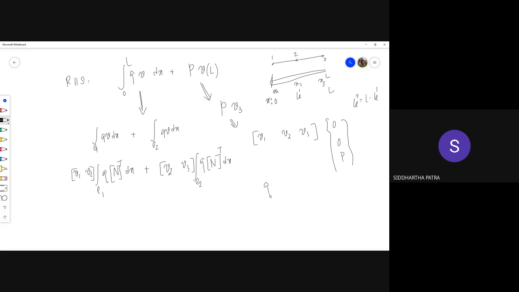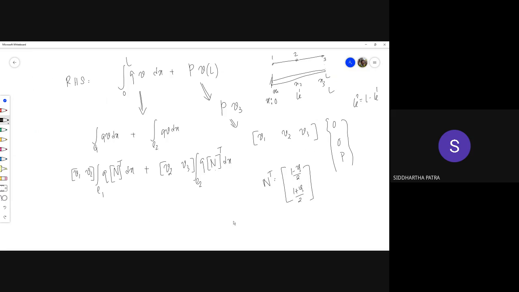Now Q is some function of x, and this could be a parabolic function or sinusoidal function, whatever function. But this N transpose, as you know, would simply mean 1 minus xi divided by 2, 1 plus xi divided by 2.